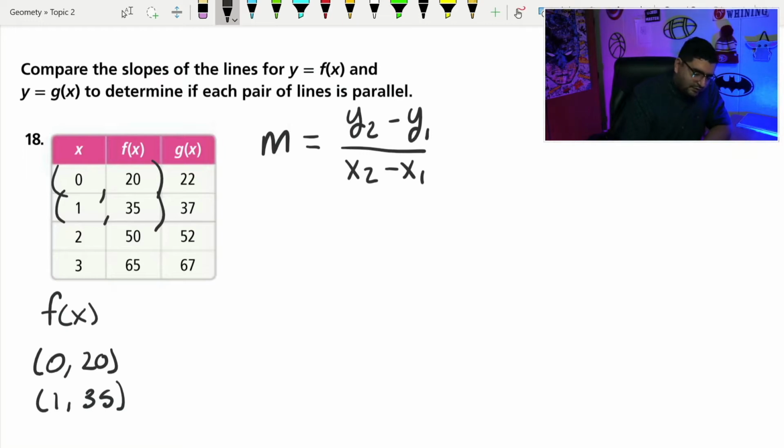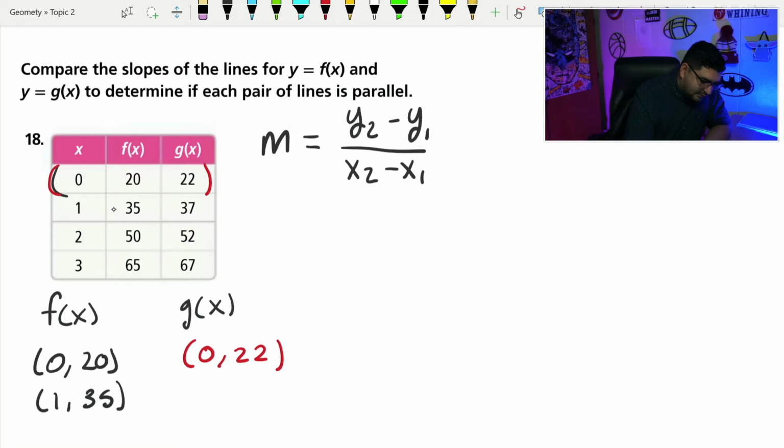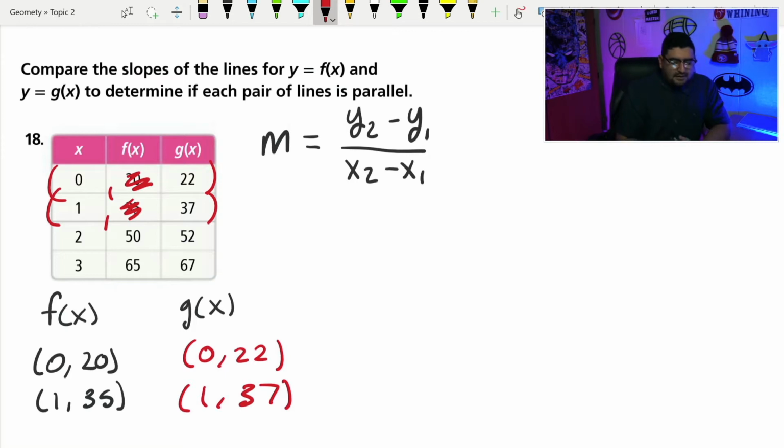I'm going to use those points. For g of x, I'm going to take the points 0, 22 and 1, 37. And we are going to use these points to find the slope of each line by using the slope formula.